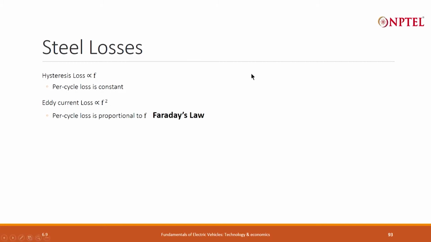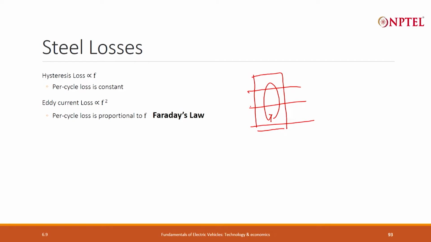So, if I have a block of steel and current is circulating, which I am calling the eddy current, the voltage that is causing this current comes from Faraday's law, but the current that results from it will depend upon the resistance that the steel path is offering, and normally the way to reduce that is to slice it, and between the slices there is a coating of insulating material, therefore, the overall resistance comes down.